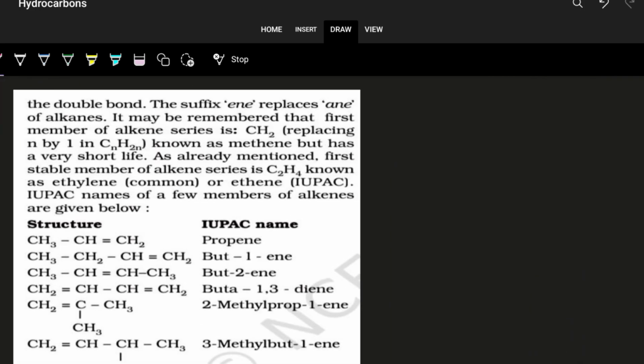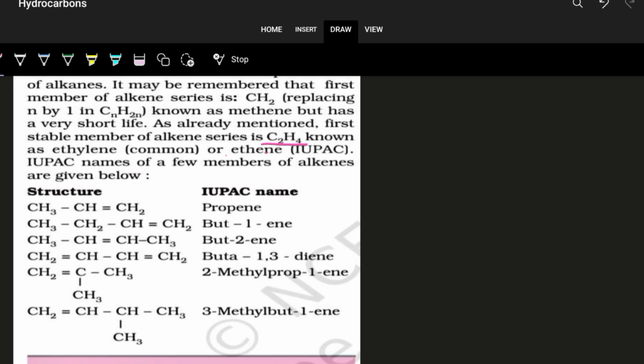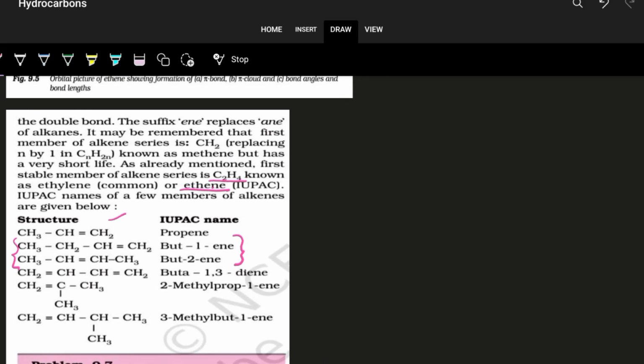Now, here we can see C2H4, it is ethene, and the next homologs, having 1 carbon atom extra, are propene and butene. Now, butene can have 2 possibilities of the double bond, and these are the 2 isomers: but-1-ene and but-2-ene. They are position isomers.